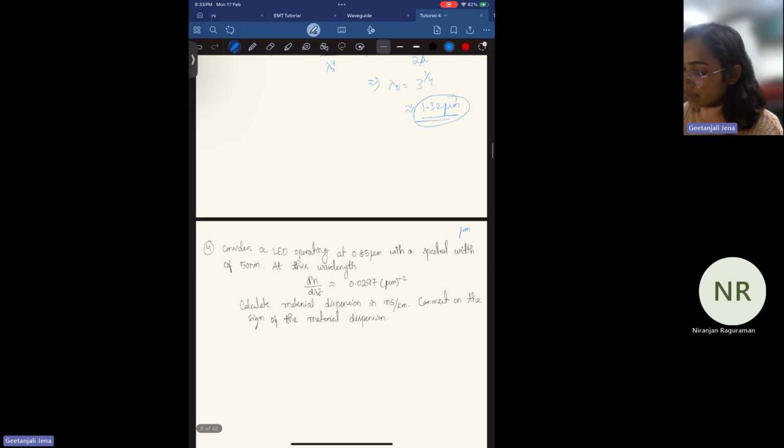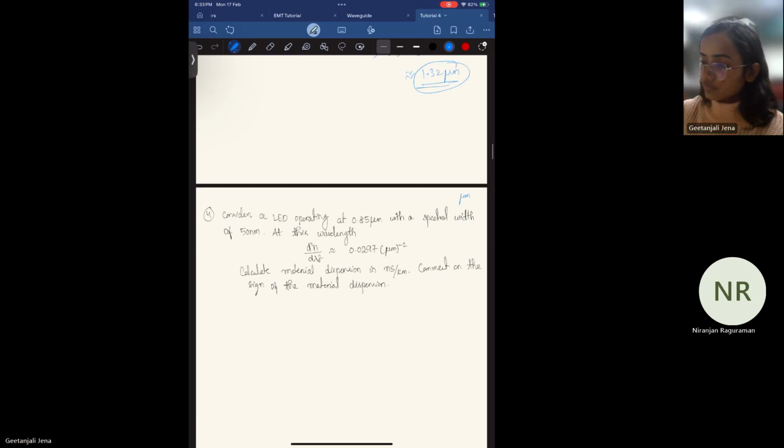Now let us move to our next problem. Here the source is LED. The question is, consider a LED operating at wavelength 0.85 micrometer with a spectral width of 50 nanometer.